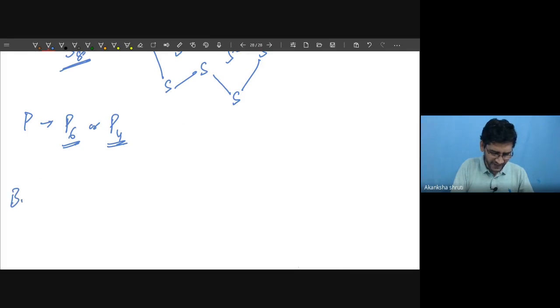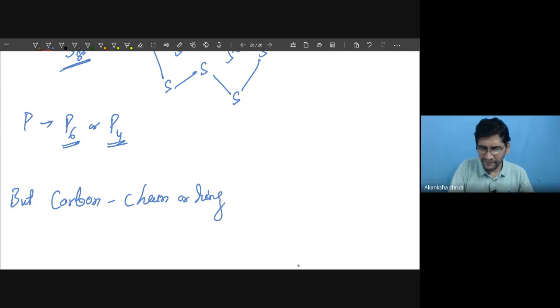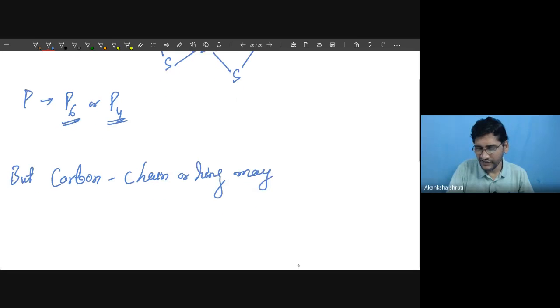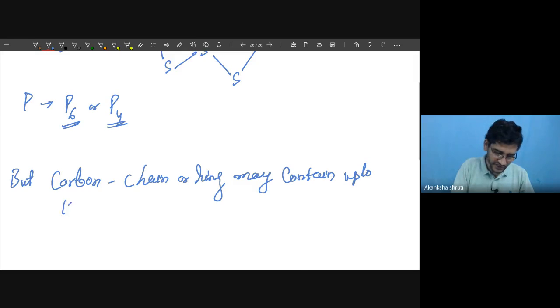But for carbon, the chain or ring may contain even up to thousands of carbon atoms.